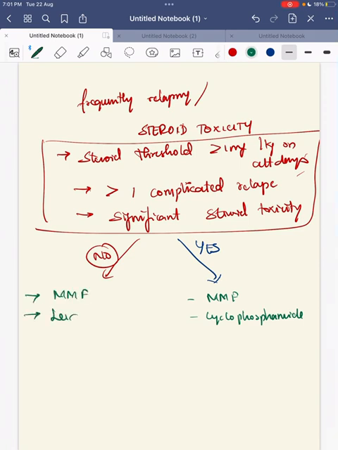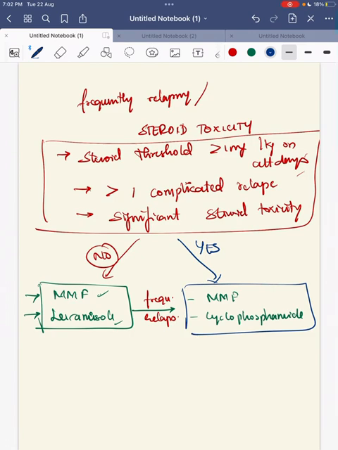The low dose steroid sparing agent can be low dose mycophenolate mofetil or levamisole. Even on low dose mycophenolate mofetil or levamisole, if the child is having frequent relapse, then you will go for mycophenolate mofetil with cyclophosphamide.